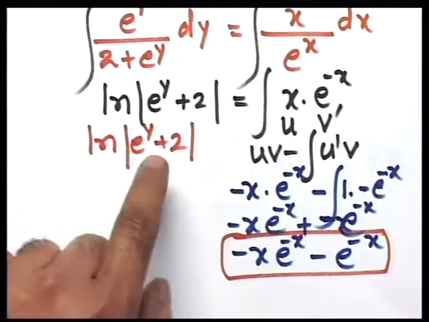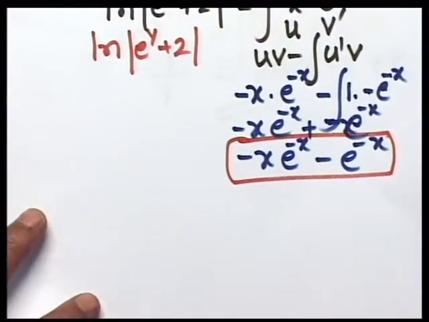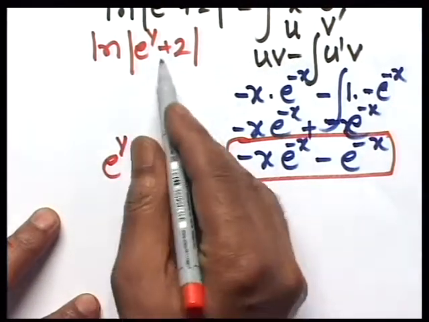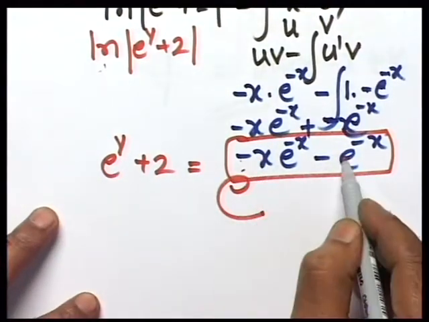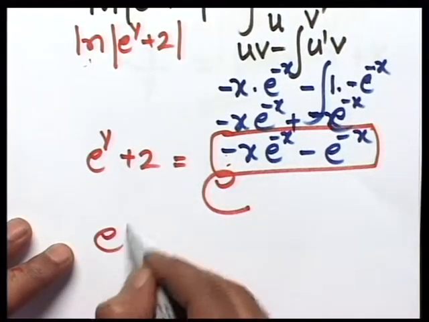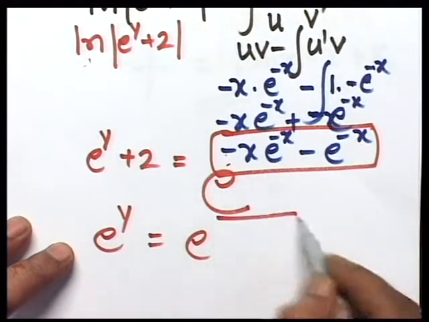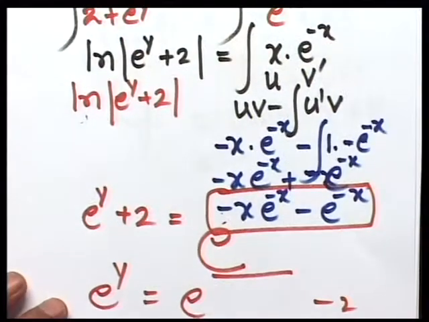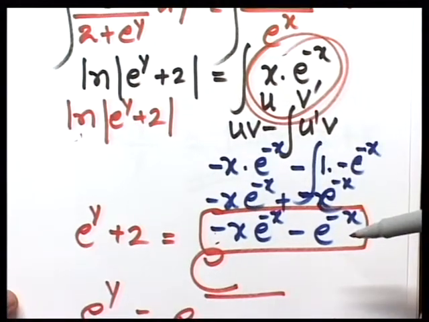Then we can make e to the y plus 2 the subject, and this becomes, if I say e to the y plus 2, I keep there, equals to, transfer the ln, that should be e to the power this. Okay. Then you can actually split if you want to, or just leave it like that, e to the power blah blah blah, then you say minus 2. Okay, pretty easy sums they are. Just be careful how you integrate by parts there.